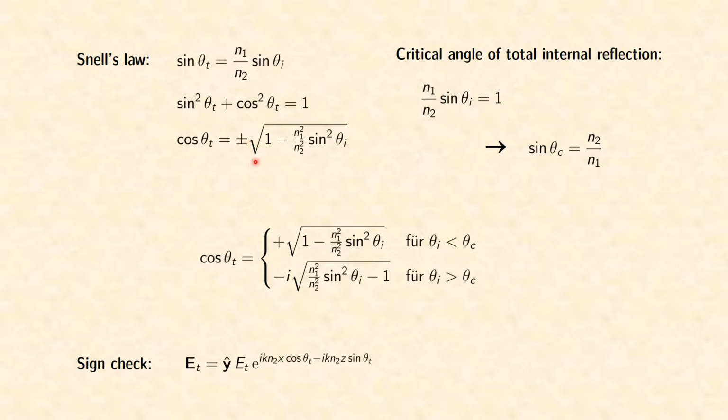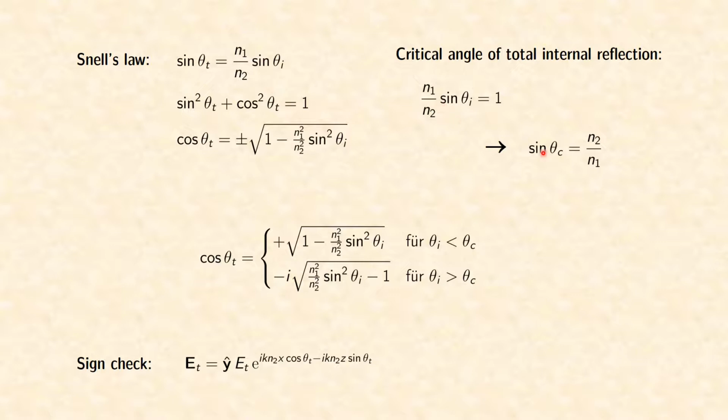But before we decide that, we should also note that the argument of the square root may become negative. The critical angle at which that happens is given by this expression. When the right term becomes 1, the argument is 0, and that is exactly the critical angle.